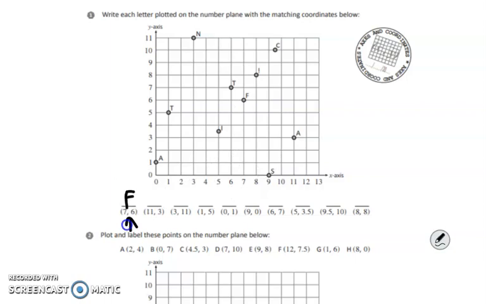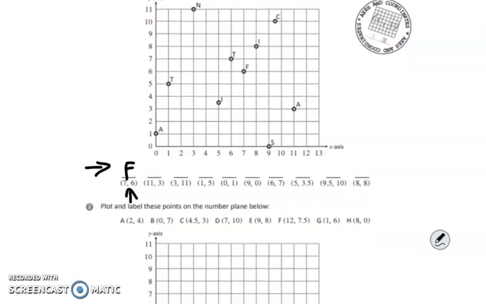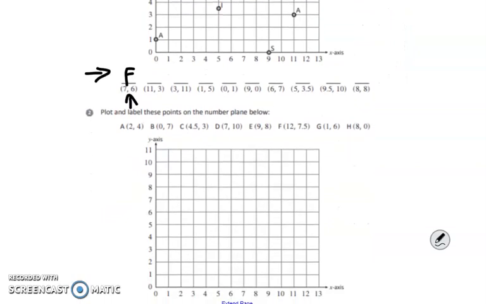Just a spoiler alert, if you do this correctly, you will have a word spelled out. Okay, and then the next one below is plot and label these points on the number plane below. So let's just do a random one. Remember, I always say if you're going to get a teacher to do an example, get them to do a hard one. So this one looks a little harder than the rest, so let's do it.